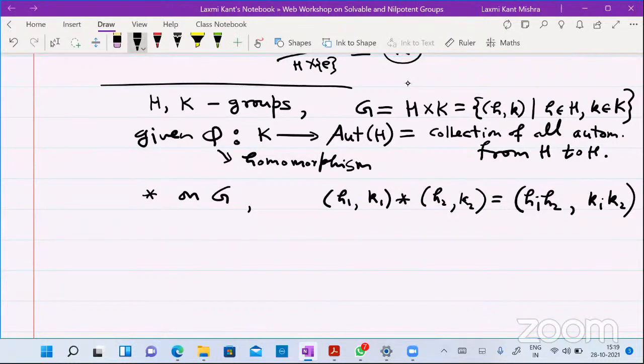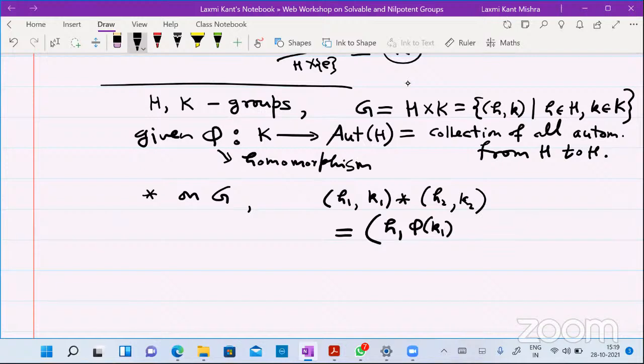In this case we are not defining it in this manner. We will define it another way. This is H1, and we somewhat tilt H2 by means of K1. So phi of K1, you know what phi of K1 is?